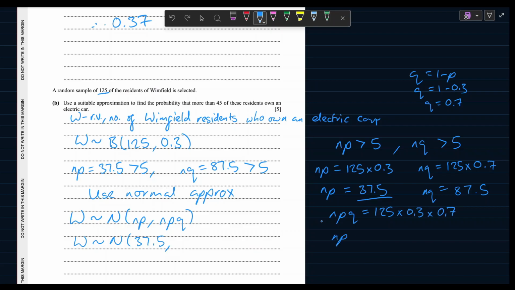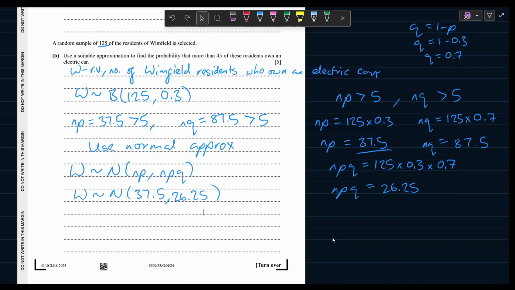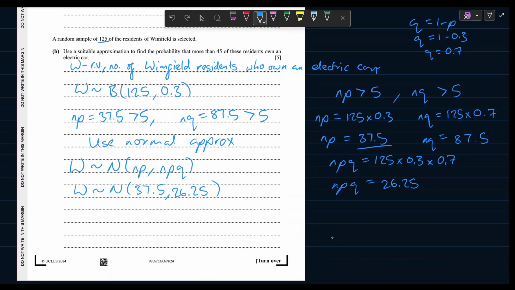Let's punch that into the calculator. That gives us 26.25. And we are required to find the probability that more than 45, so the probability that W is greater than 45.